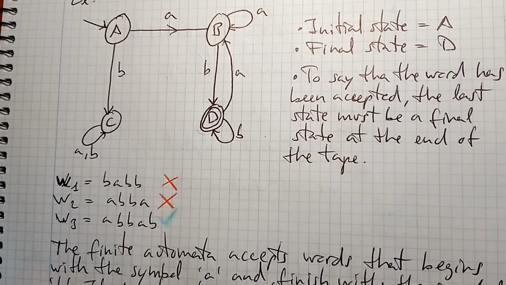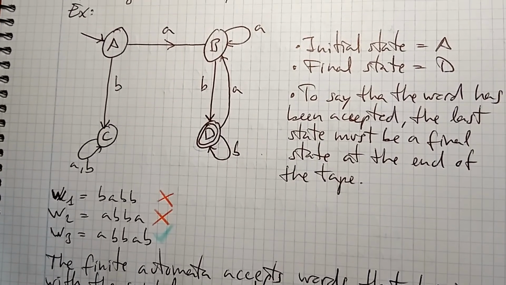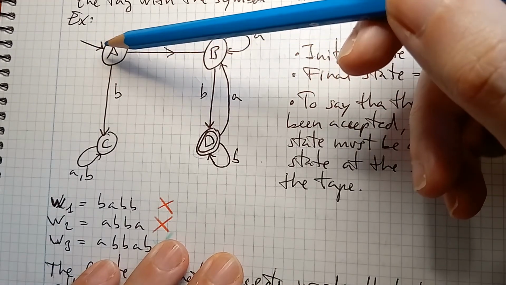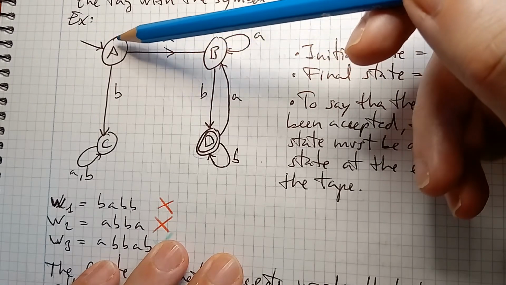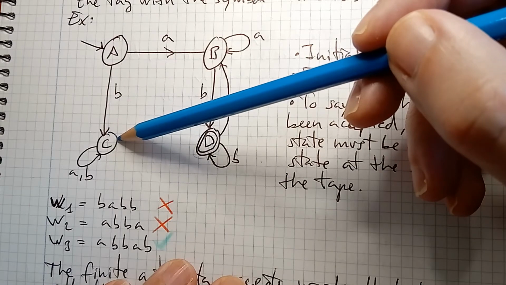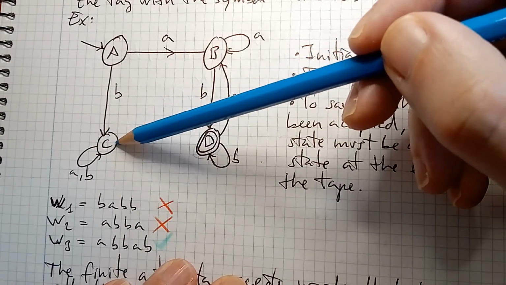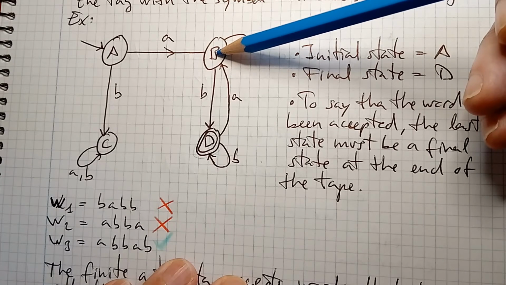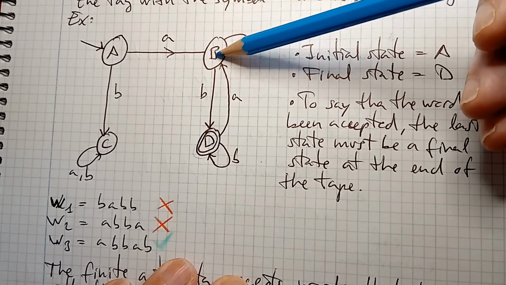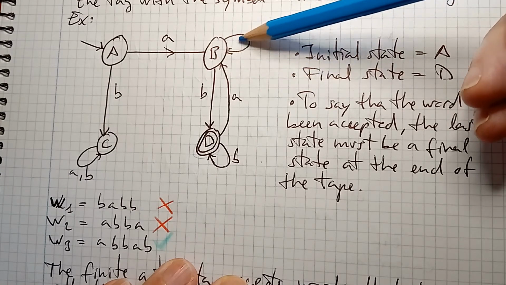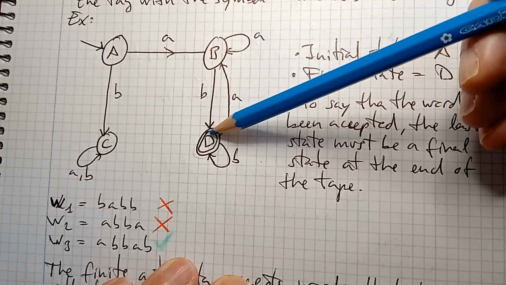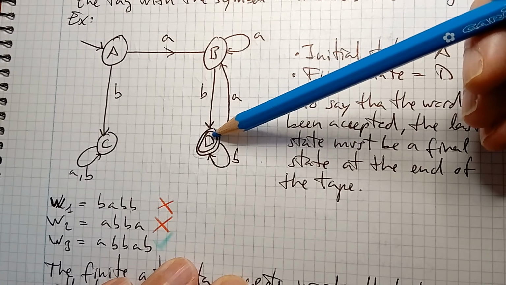Okay, and what does this automata do? So let's study it. We start with A, but if the word begins with B, then it ends. It doesn't do anything more. The word is rejected automatically. So it must begin with A. But then what happens is if it's A, it remains with B. And what happens if it goes to A?